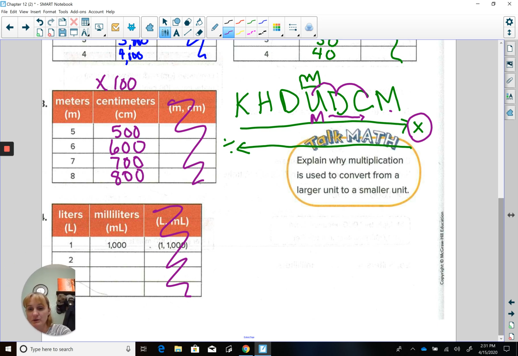Okay, now we're going to go to the last one here, and I'm sorry my picture is kind of in the way, and of course it won't let me move it today. Well, you don't need me right now. So let's take a look at liters and milliliters. I want you to figure out where you're going to go, how many jumps you're going to take, whether you multiply or divide, and then come up with the answers on a scratch piece of paper.